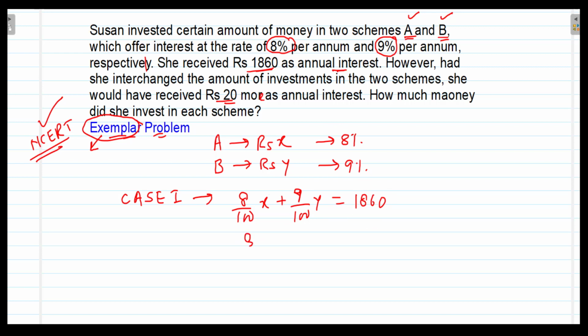This can be written as 8x plus 9y, and multiplying by 100 to this side, it will be 1860 with 2 zeros, so it will be 1,86,000 rupees. Let this be equation number 1.